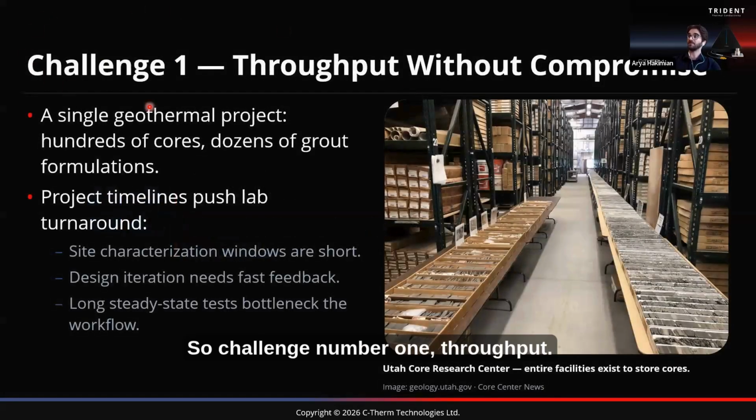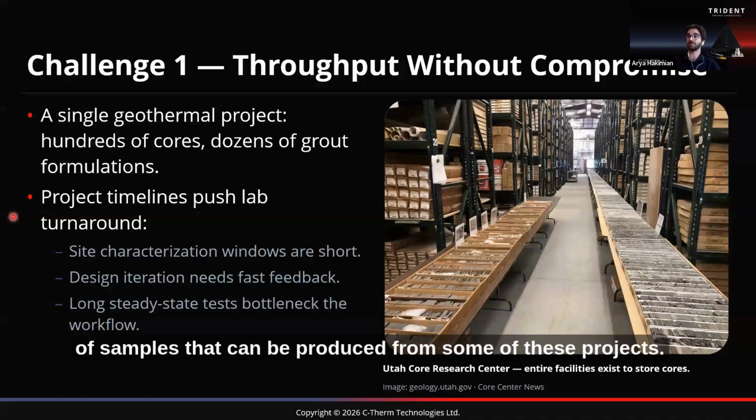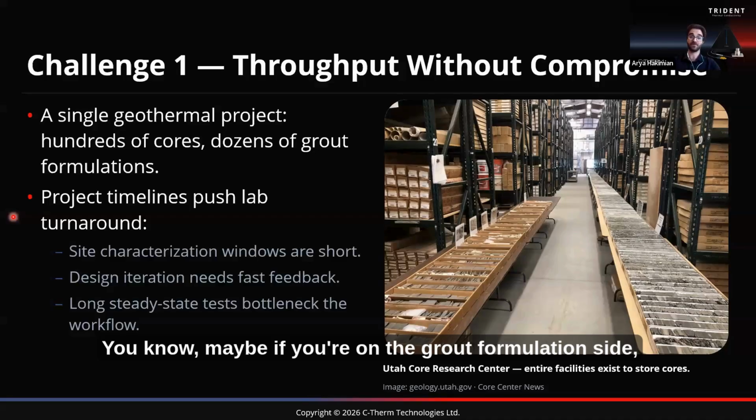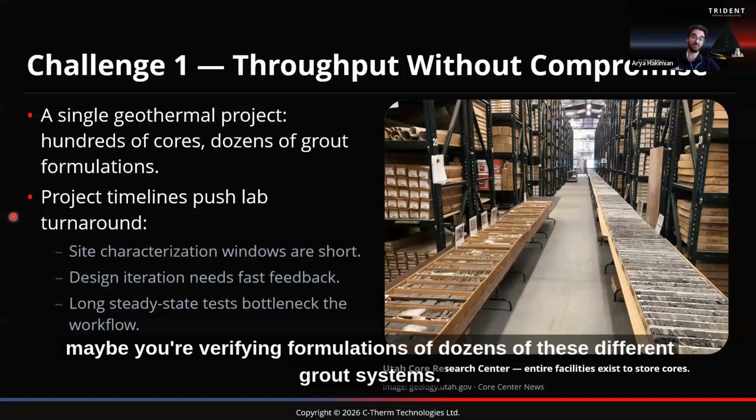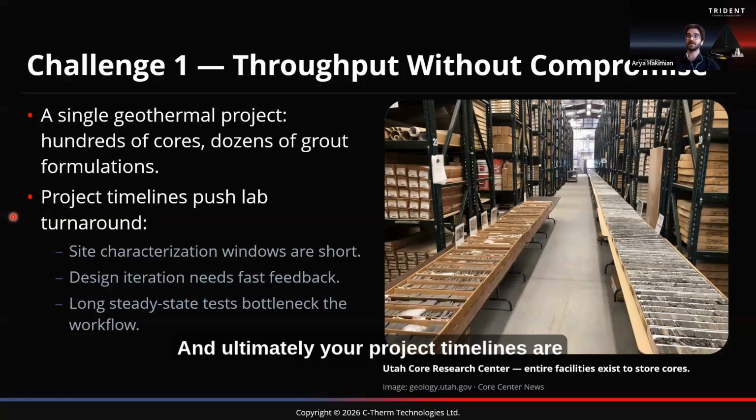So challenge number one, throughput. There are often hundreds of samples that can be produced from some of these projects. Maybe you're on the grout formulation side, or verifying formulations of dozens of these different grout systems. And ultimately, your project timelines are highly dependent on your lab's turnaround time.